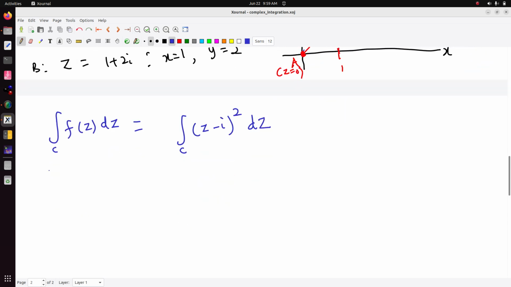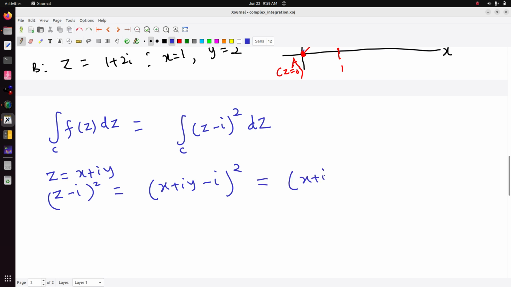Now, we know that z is x plus iy. So what about z minus i, squared? It will be x plus iy minus i, then you square it. We can write this as x plus iy minus i, times x plus iy minus i, so that we expand this.